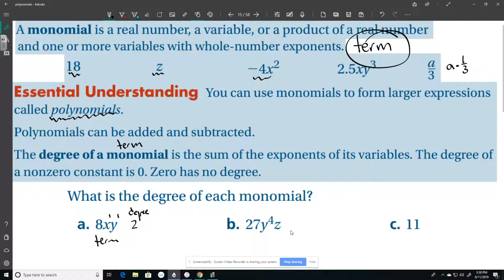This one, 27y to the fourth, z to the first. So that means this is a 5th degree monomial. 11 has no exponents. So it is a 0 degree monomial. That doesn't mean there's nothing. It just means there's no variables with exponents. This is called a constant. Has 0 degrees.